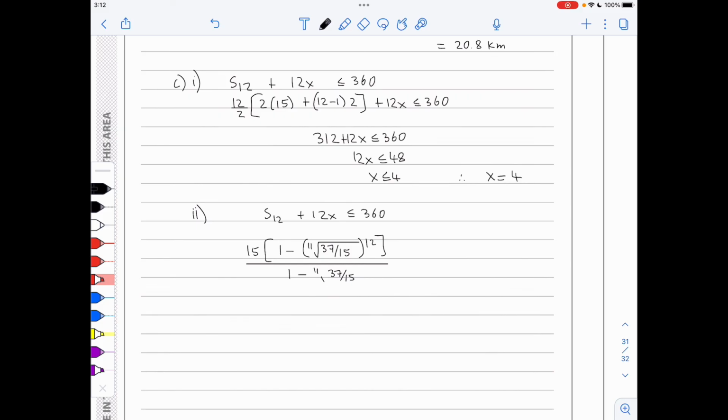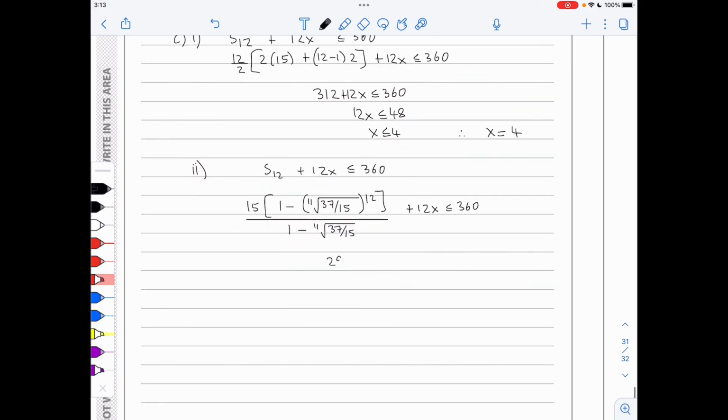That's the summation formula for a geometric sequence, plus 12x less than or equal to 360. This gives me that 294.2 plus 12x is less than or equal to 360. And therefore 12x is less than or equal to 65.8. Dividing both sides by 12 gives me x less than or equal to 5.48. And therefore we can conclude that the largest integer x is 5.